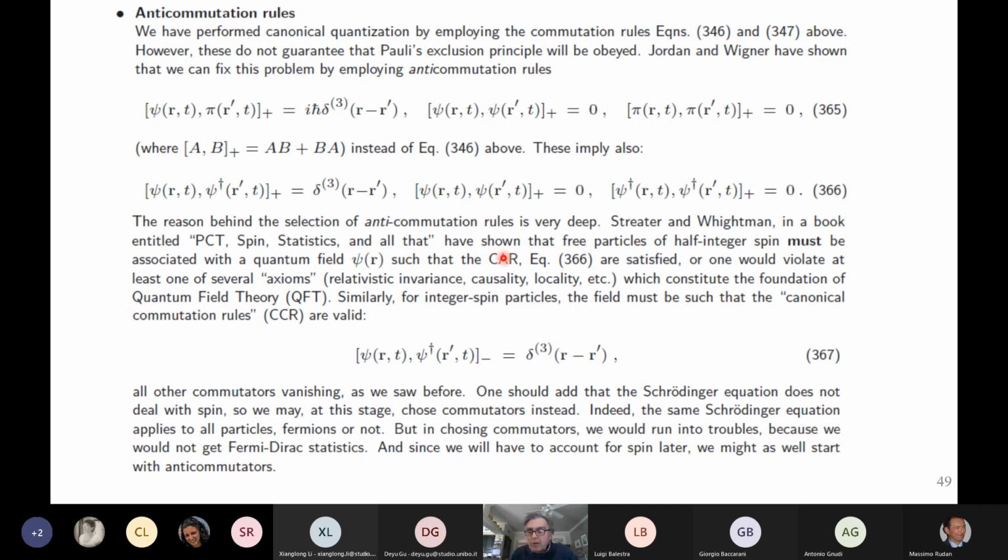And that's because rotation is associated with the operator e to the i times the angular momentum, in units of h bar. If spin is 1/2, or any half-integer value of angular momentum, you need to rotate by 720 degrees to go back to where you started from.